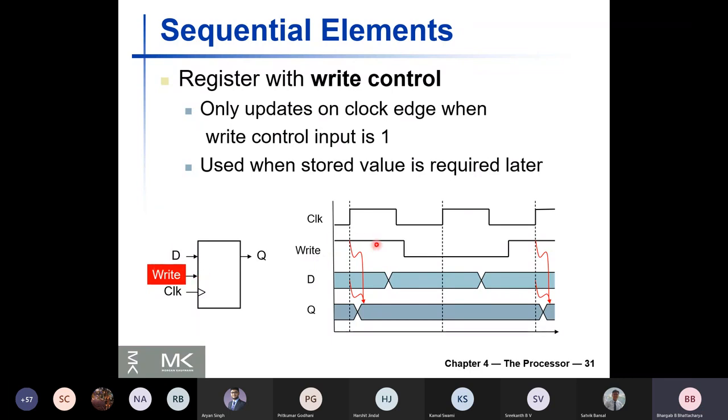That means this should be high. Only in that case, the data will be captured and made transparent to the output. If the write signal is disabled, then it will hold the previous value. So this complication is necessary in order to make this write operation a little bit safer.